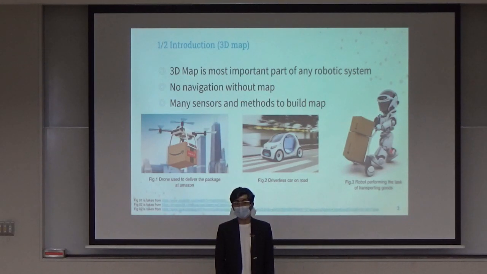Have you ever thought how these robotic systems, these drones and driverless vehicles, move from one place to another, how they navigate in the environment? It is because of this 3D map. What they do is build a 3D map, and with the help of that 3D map, they navigate in the environment. There are many sensors and methods which are used to build 3D maps.